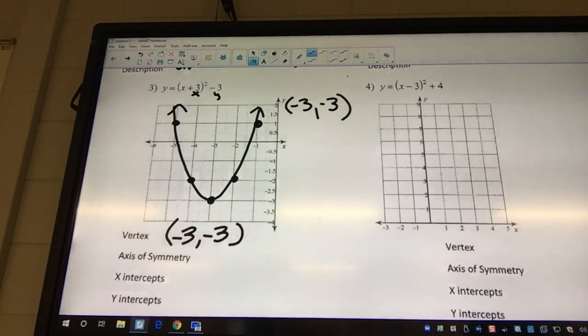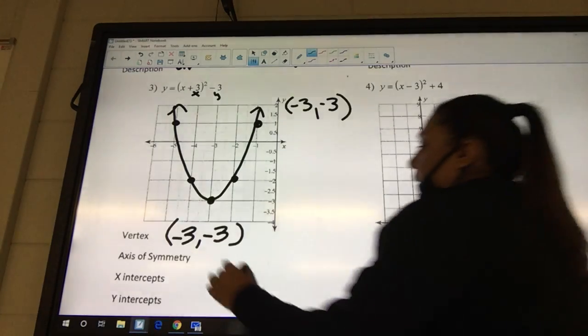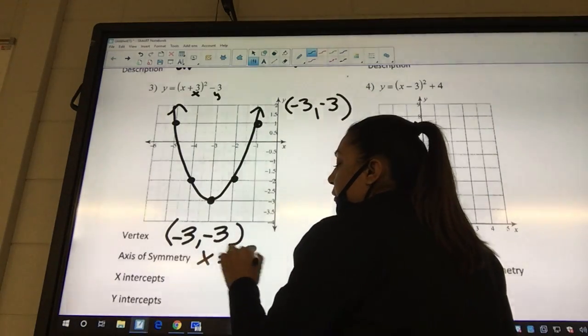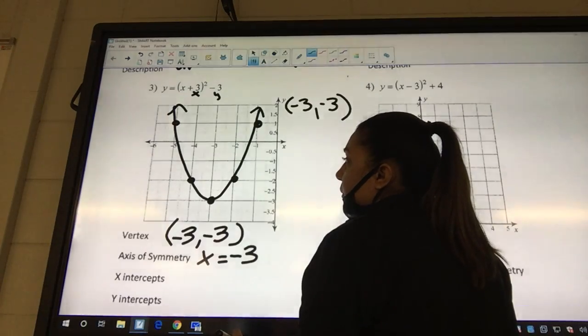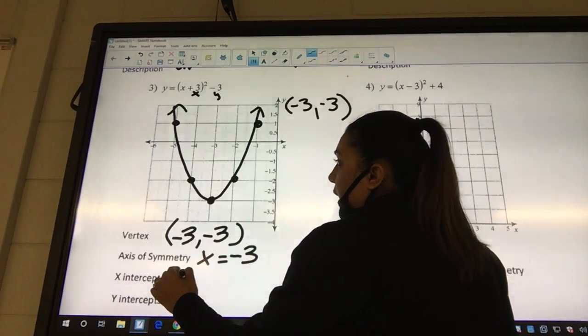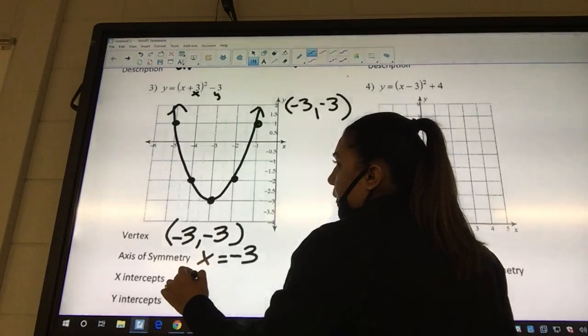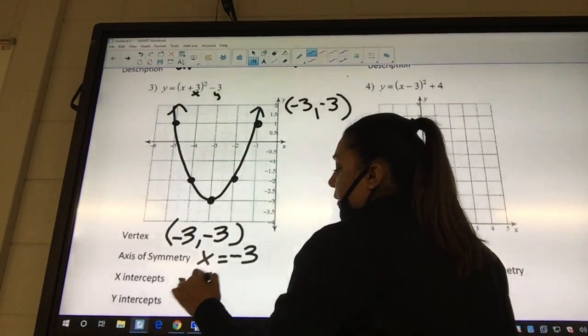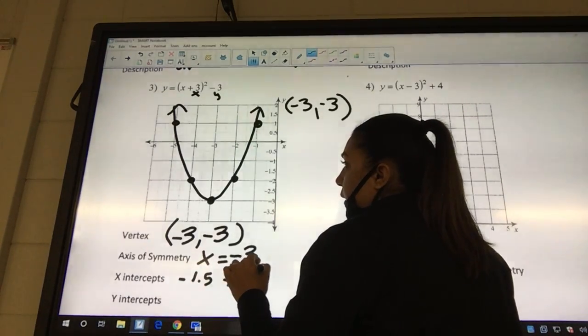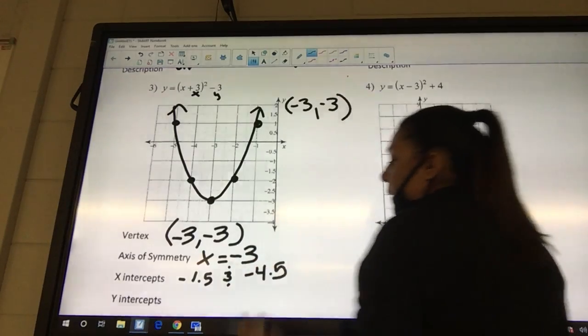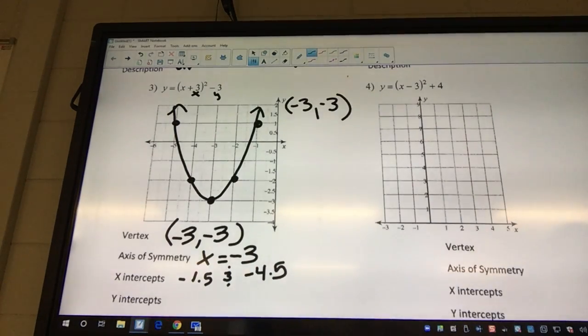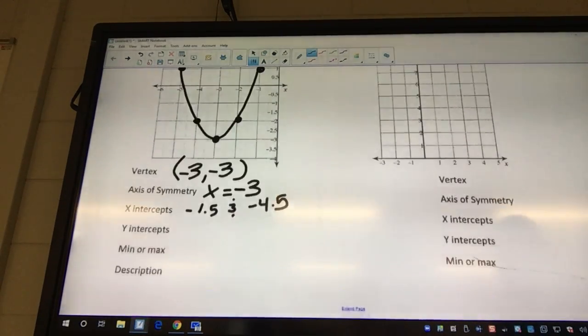Okay, what's our axis of symmetry? X equals -3. X intercepts. Negative 1.5 and negative 4.5. Okay, Y intercepts. None. Min.